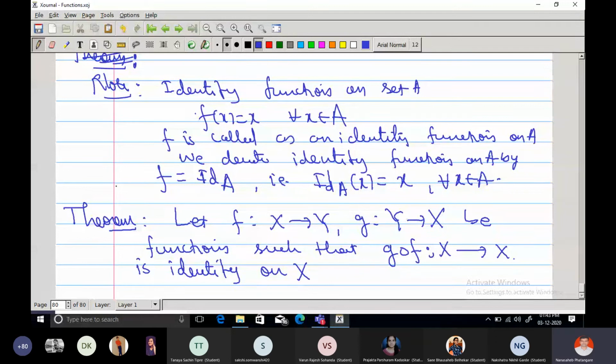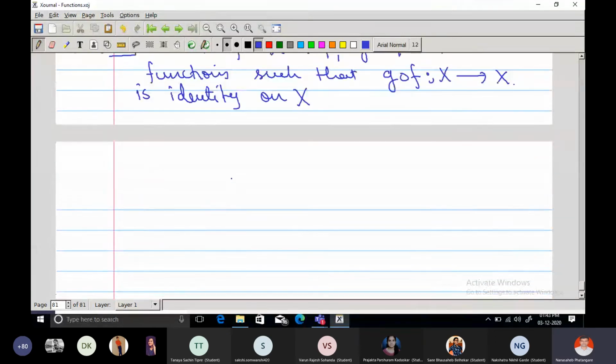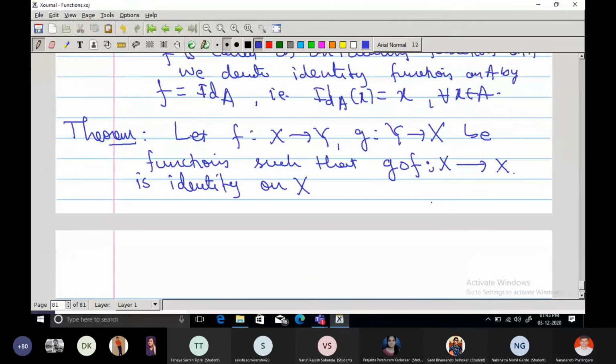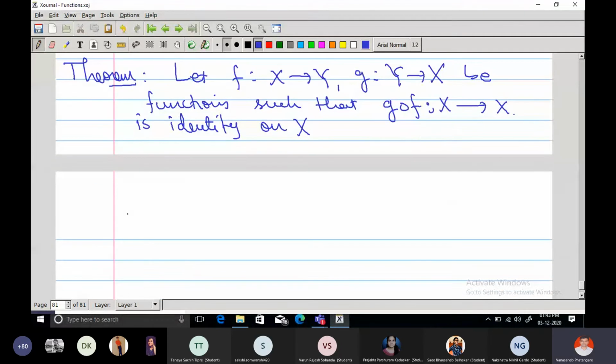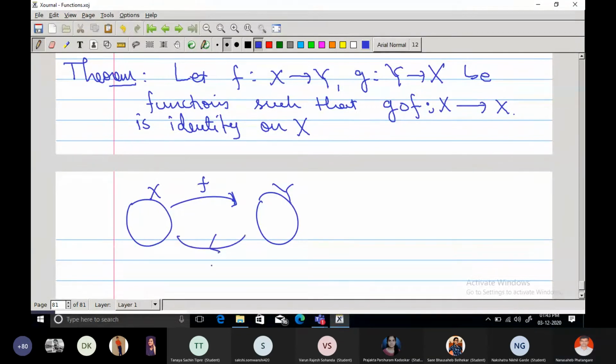Okay, so what is the statement? What is the situation? I have a set X and I have a set Y, and f is a function from X to Y, and g is a function from Y to X. And what is the composite now? What is the composite function?